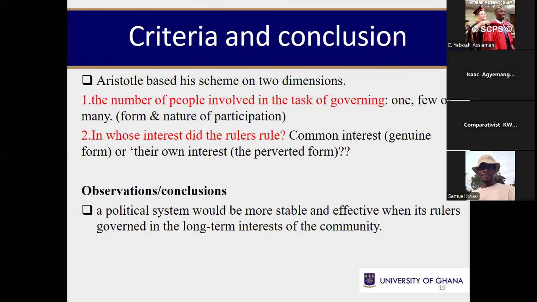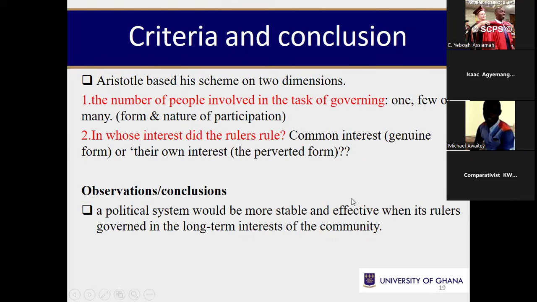How many city-states did he encounter? 158. Good. So he wanted to find out the number of people involved in governing in each of these city-states, whether it was only one person ruling, or many people ruling, or few people.